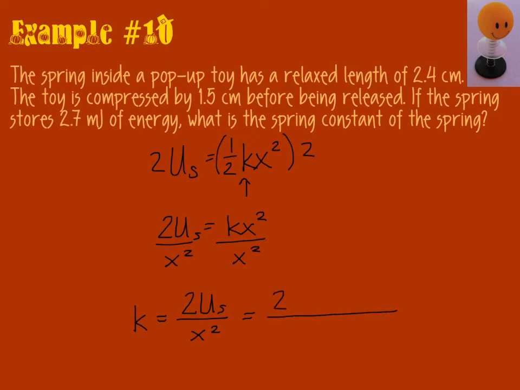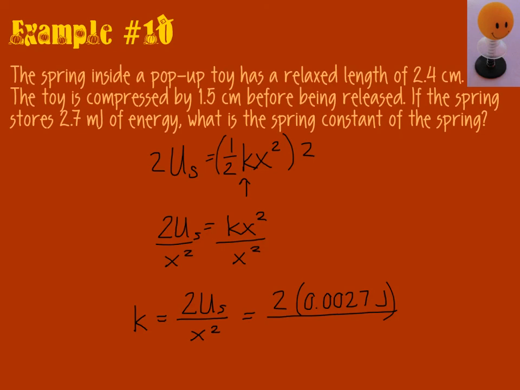So it told me that it's 2.7 millijoules. We have to convert that value, of course. So I end up converting it into 0.0027 joules. And then I divide that by how much it's compressed. Now in this case, we're given 2 different values in the problem. We have to decide which one to use. Well, the definition of that x in that equation is how far the spring is compressed.